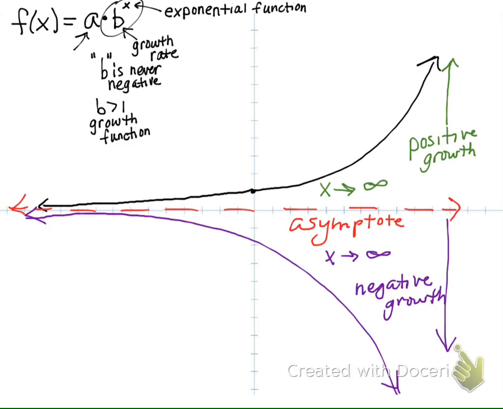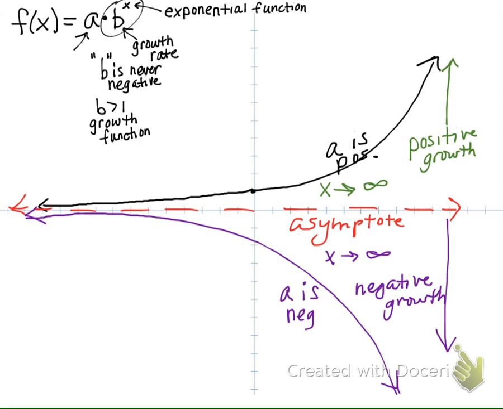With a positive growth function, the a values are always positive. And with the negative growth function, the a is going to be negative. It's simply a reflection over the x-axis, right? That's what a does. When a is negative, it reflects it over the x-axis.